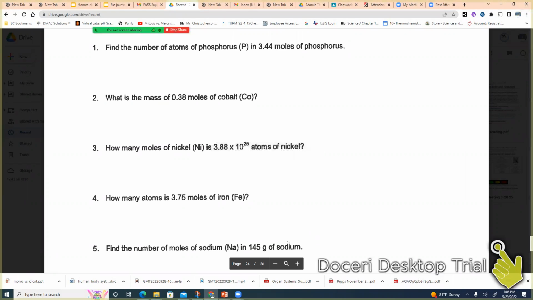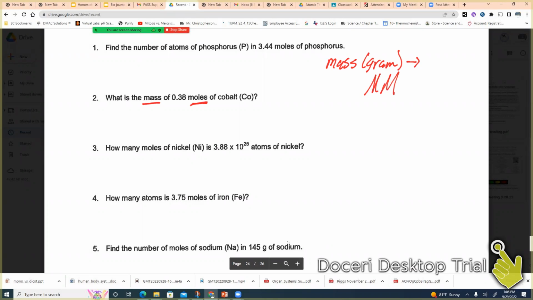So we'll start off with number 2. It says, what is the mass of 0.38 moles of cobalt? So I have mass and I have moles. If I have mass or grams somewhere in my word problem, that tells you that you're going to have to use molar mass as one of the conversions.